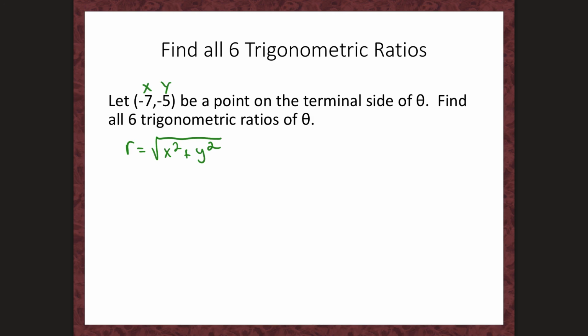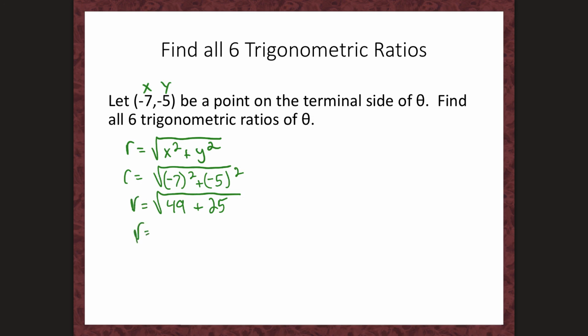I can substitute those. All right, that's great. -7 squared, -7 times -7 is positive 49. -5 times -5 is positive 25. We can take the square root of that, and that will be our r.